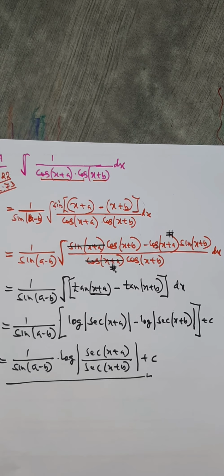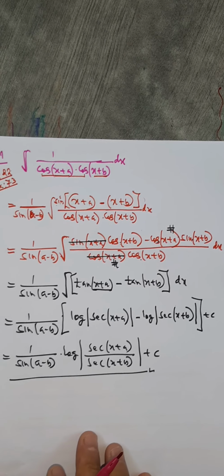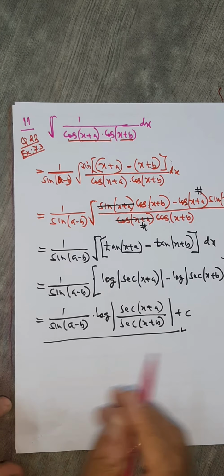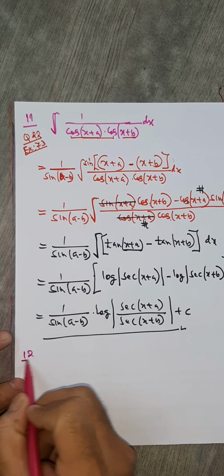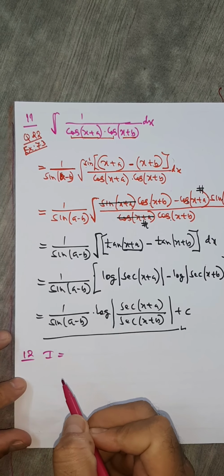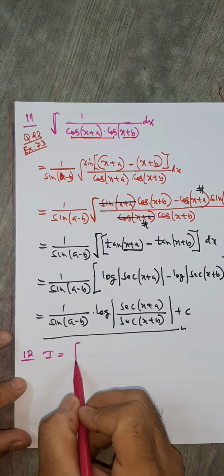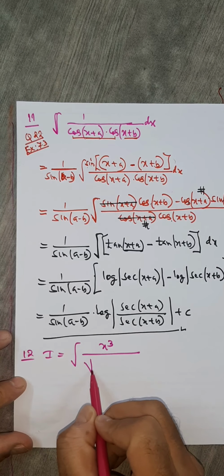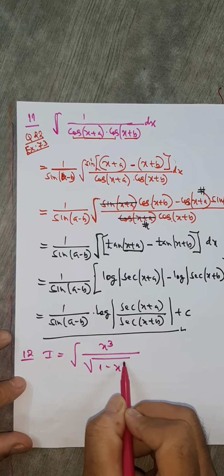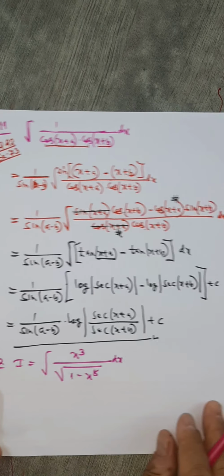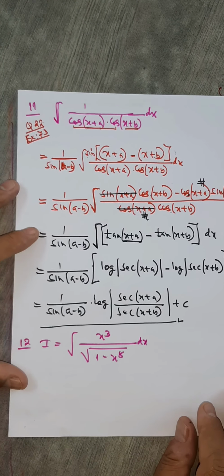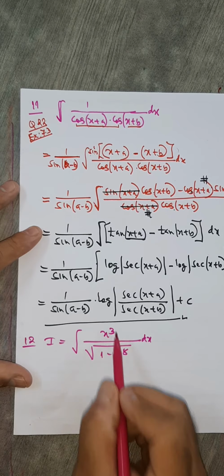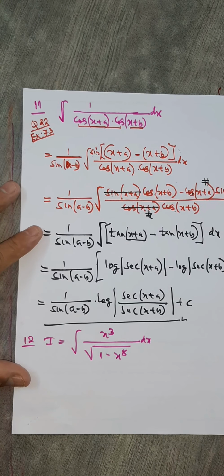Okay, next question. Let's go to question number 12. That's again not that much difficult. x cube upon root of 1 minus x raised to 8 dx. So you know that this is indirectly derivative of x raised to 4, remember.